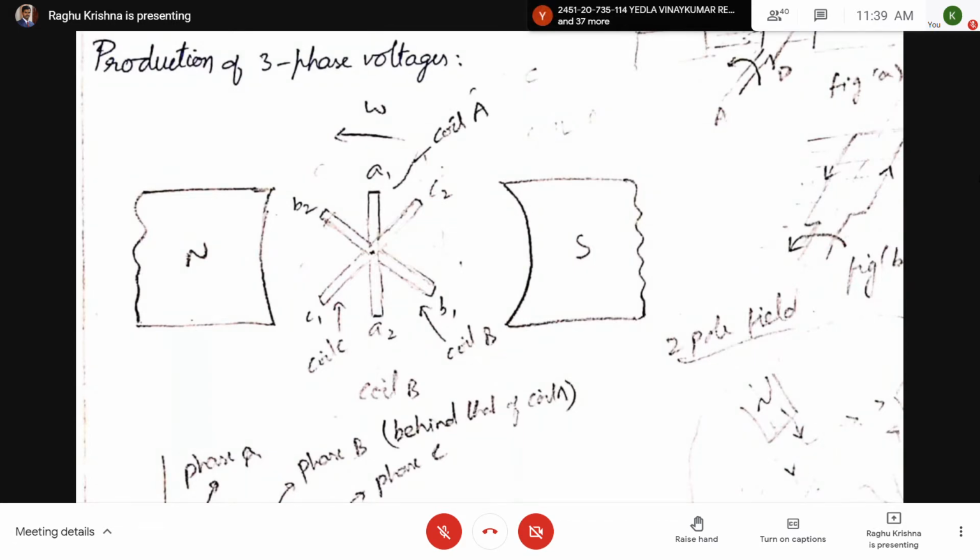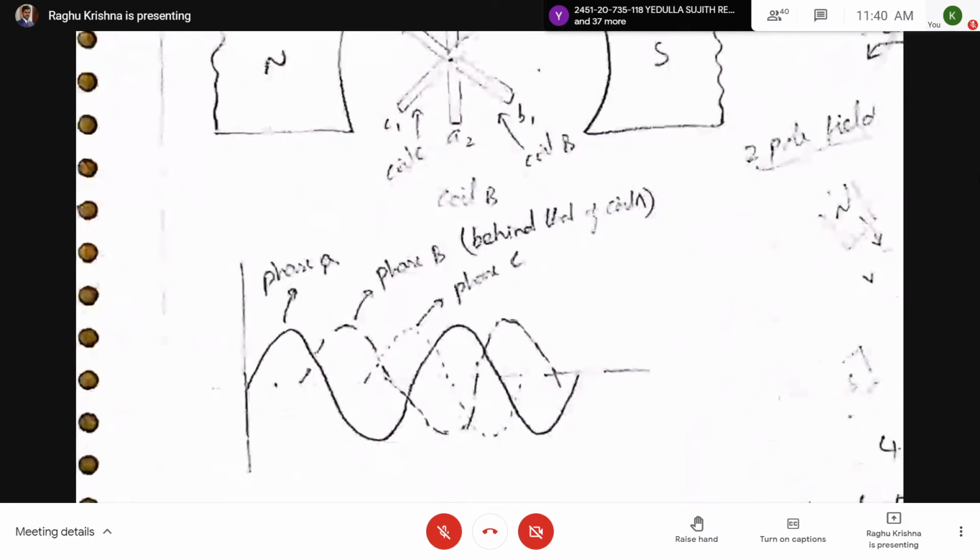When these three coils are rotated, you are going to have voltages V A1A2, V B1B2, V C1C2. So you are going to have three-phase voltages: phase A voltage, phase B voltage, phase C voltage, and these voltages have a phase difference of 120 degrees.